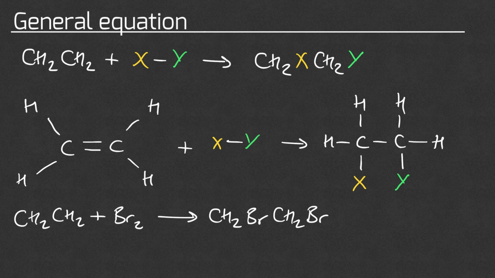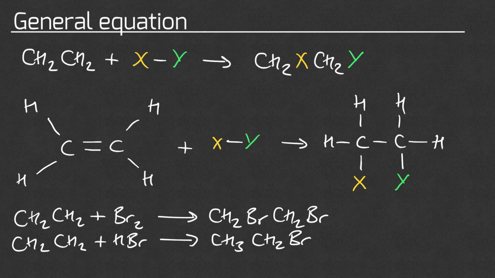So for example, we might have an alkene reacting with Br2. In this case, the Br would be both the X and the Y because there are two of them, Br, Br, in which case we would add a bromine onto each of the two carbons. We could do the same reaction with HBr instead of Br2.